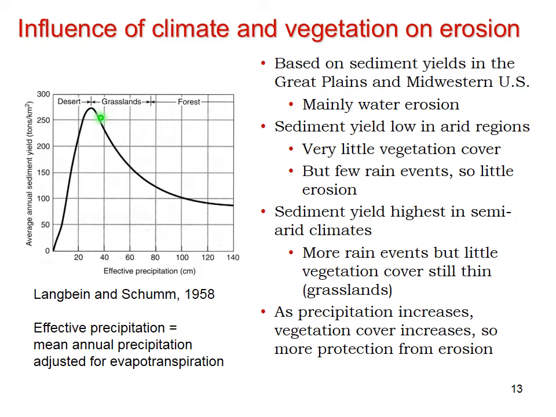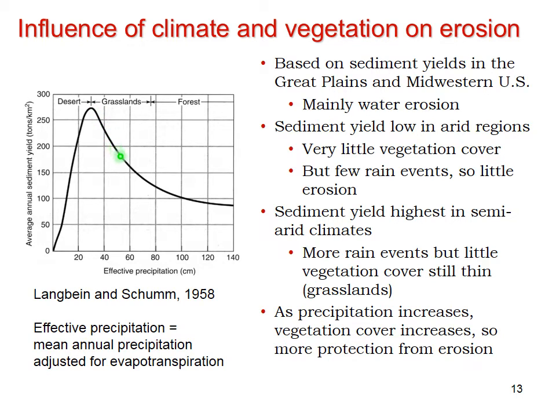And then we get into subhumid landscapes where there is some vegetation cover. We get into grasslands where there is relatively continuous vegetation cover over the land surface, even though there aren't any trees. So we're in wetter climates here, so we're getting more rainfall events, but we have more vegetation cover, and so the sediment yield starts to decline.